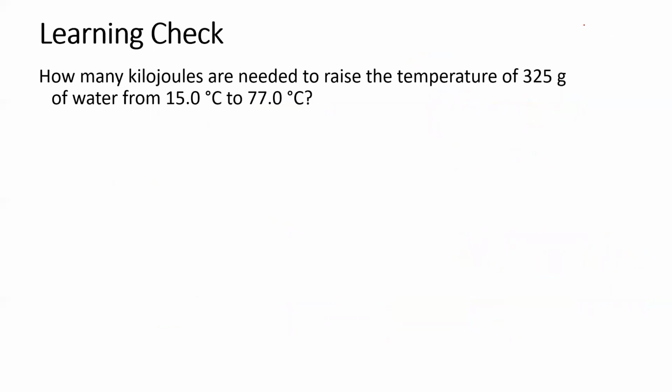Can we do a calculation? Well, how many kilojoules are needed to raise the temperature of 325 grams of water from 15 degrees Celsius to 77? So again, what do we need? Q equals mcΔT, right? Do I have m? Yep, here's my mass. Can I figure out delta T?